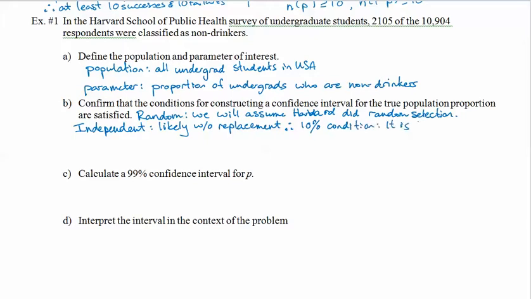And so it is likely that there are more than 10 times 10,904, or in other words, 109,040 undergrads in the United States.